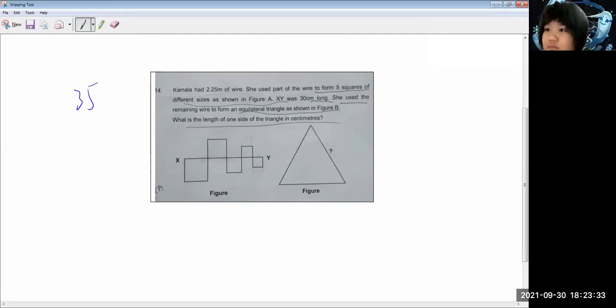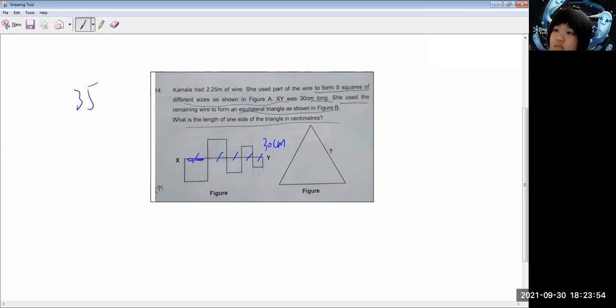In fact, for this question, very simple. It says 2.25 meters, and then XY is 30 cm. So that means this one adds to 30 cm. If this all adds to 30 cm, I think you can see what I mean.